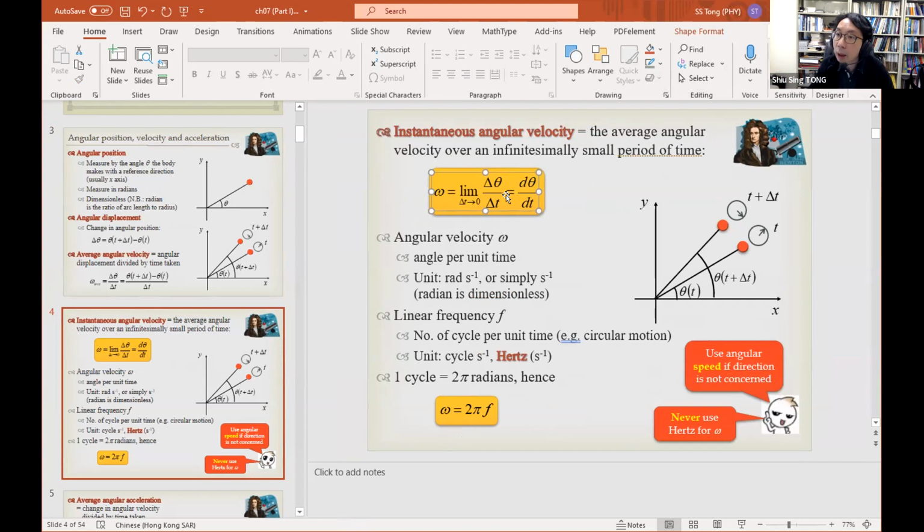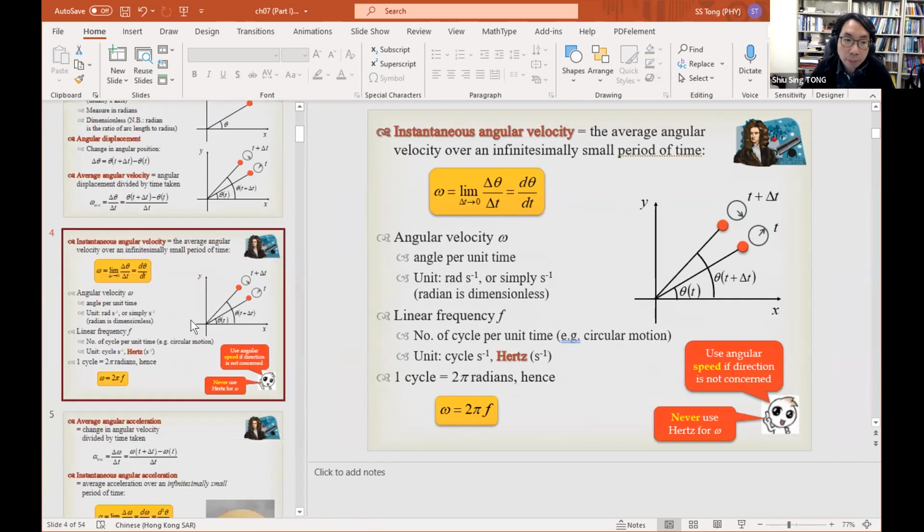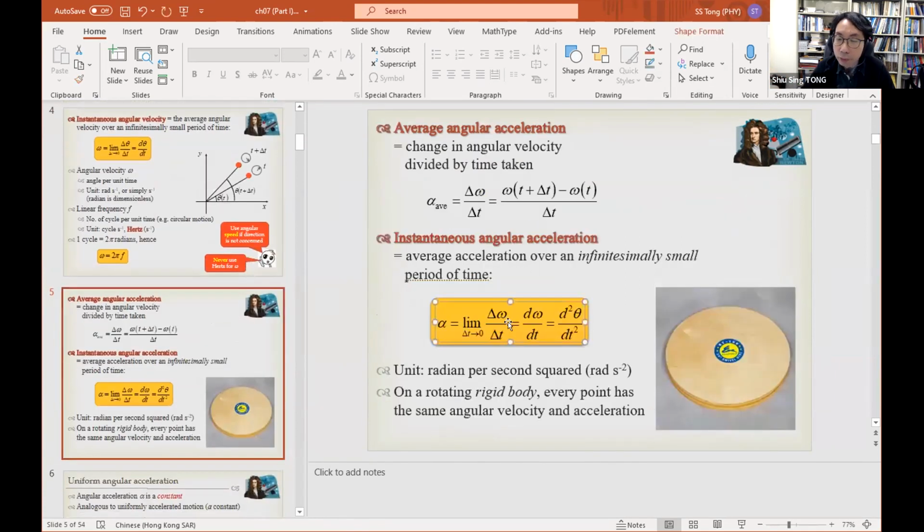And the rate of change of the angular velocity is the angular acceleration. So if you replace omega with v in one-dimensional motion, you have the linear acceleration. So the angular acceleration in the rotational motion corresponds to the linear acceleration a in one-dimensional motion.